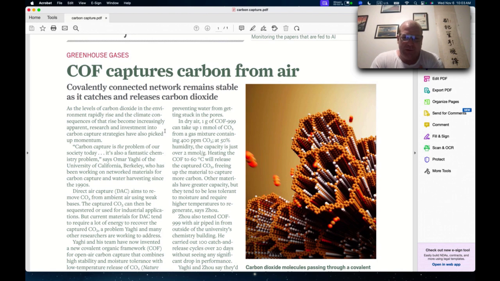If you've ever been aboard a nuclear submarine, they use a compound called monoethanolamine to remove carbon dioxide from the air. In a nuclear sub, you're of course underneath the water, so they use electricity to crack water into hydrogen and oxygen. They dump the hydrogen, and they put the oxygen out for the sailors to breathe.